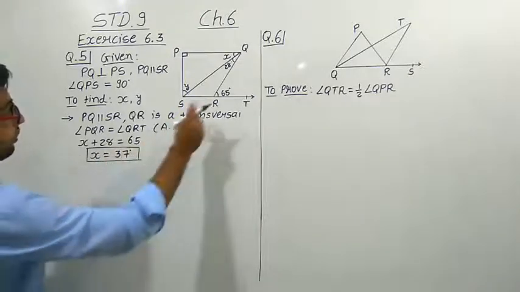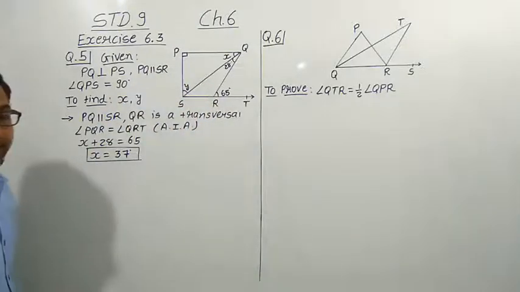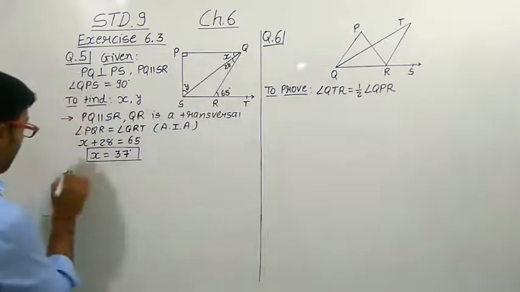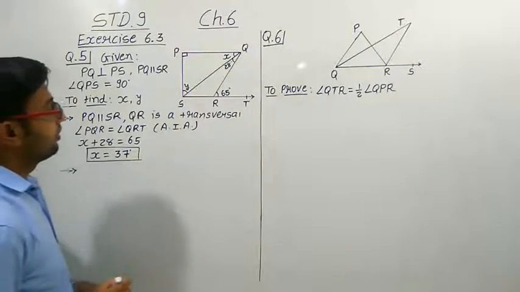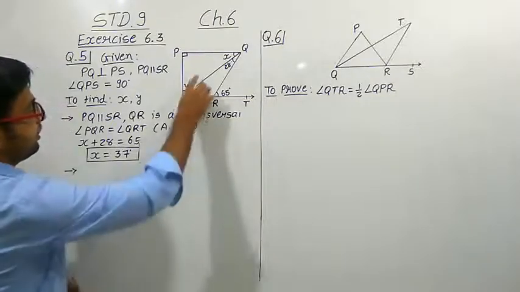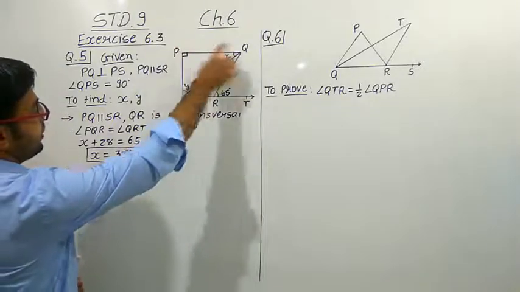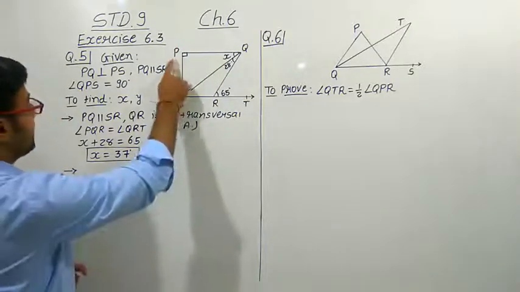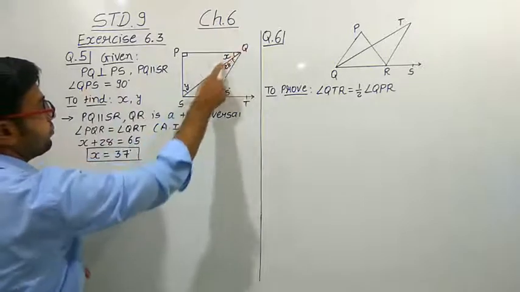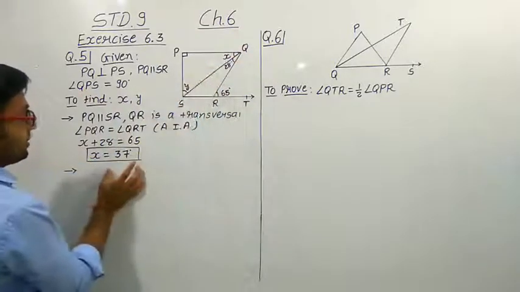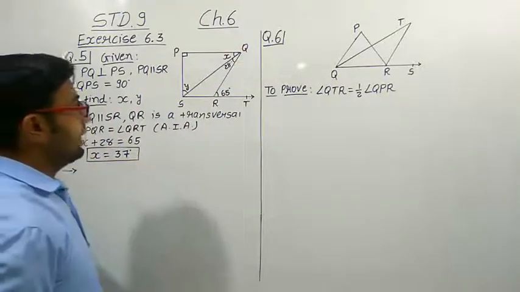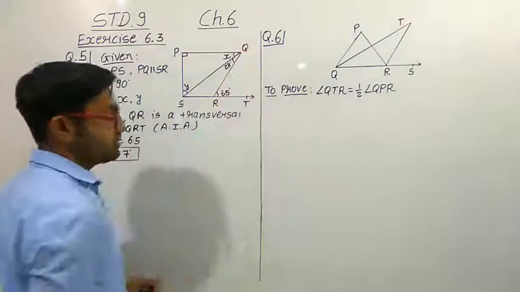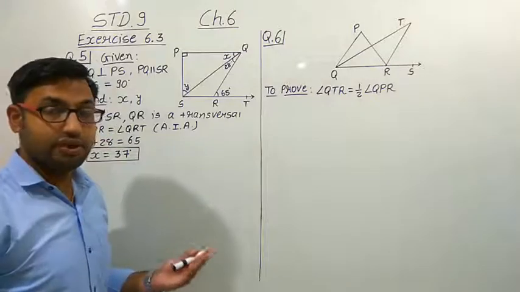Okay, now how do we find the value of Y? See, now consider this triangle PQS. Out of its angles we have two values: angle P is 90 degrees, angle Q is X, that is 37 degrees. So when we apply the angle sum property of the triangle for triangle PQS, the three angles total 180 degrees.